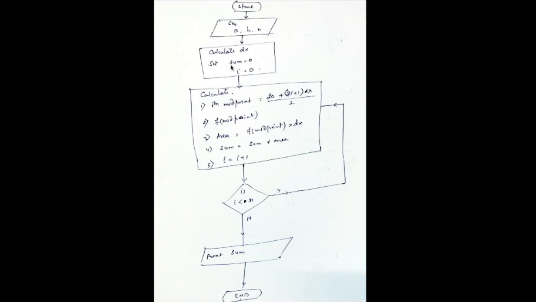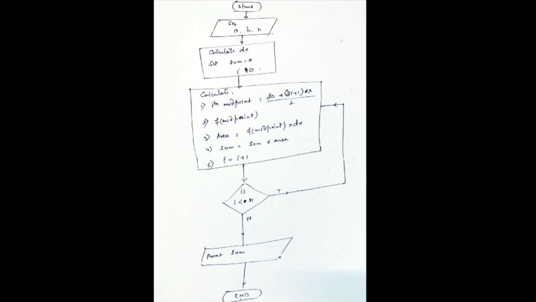You can give some name like integration or sum. And you need an index which will keep the count of the number of strips added. That can be i, and you can set both of them initially to 0.